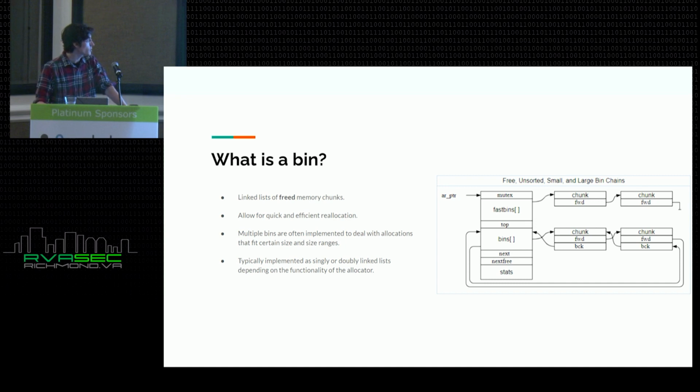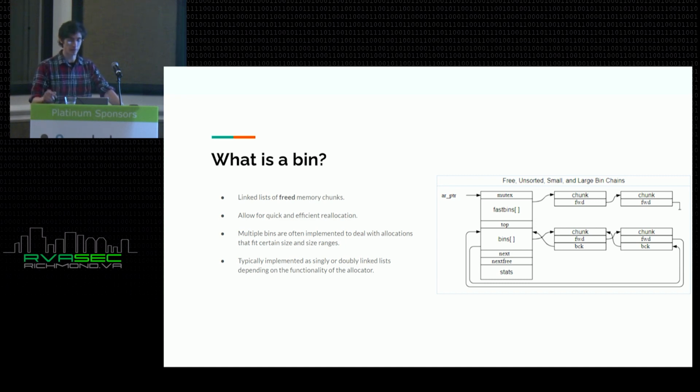So multiple bins are often implemented to deal with allocations that fit certain sizes and size ranges, which we'll see in our implementation later. And typically, free lists are implemented as either singly or doubly linked lists, depending on the functionality of the allocator. So in our previous implementation, we saw we were using a singly linked list.